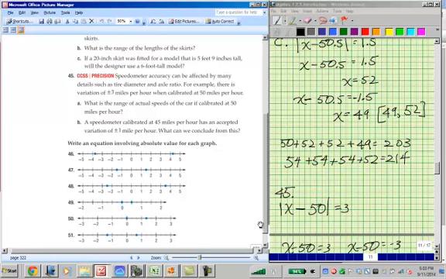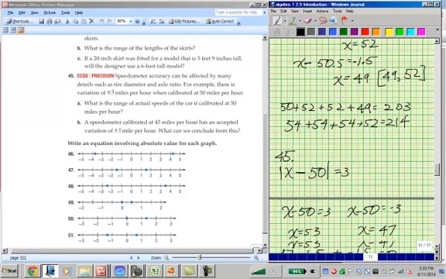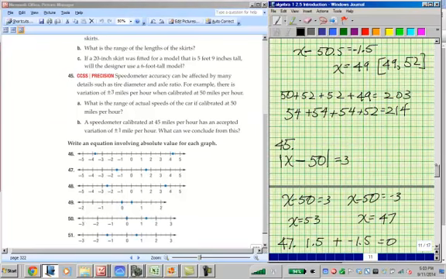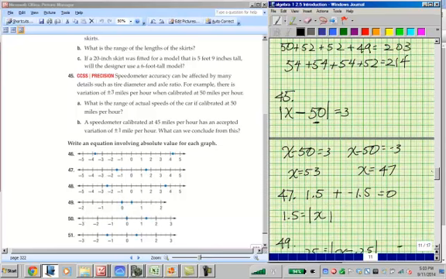Okay, 47. We're going to make an equation. Now to make the equation, we're going to take the two numbers and add them together and divide by 2. So we've got 1.5, as you can see here, and negative 1.5. 1.5 plus negative 1.5 is 0. 0 divided by 2 is still 0.